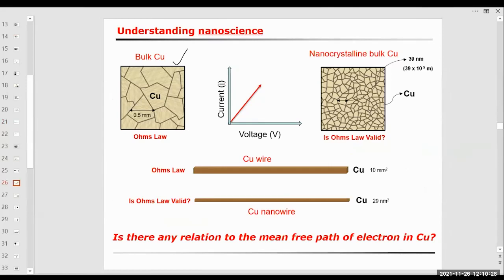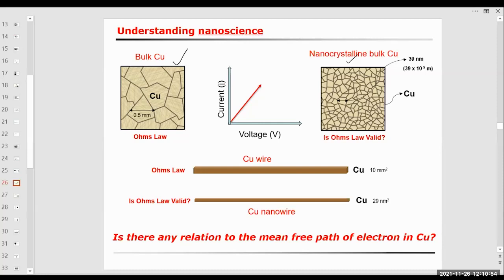Imagine a metal piece of copper in one hand, and another piece of similar outer dimensions, same weight, everything the same, in the other hand. You have two pieces of copper, but one is called bulk copper and the other is called nanocrystalline copper. We don't need to bother about why nano and all that.